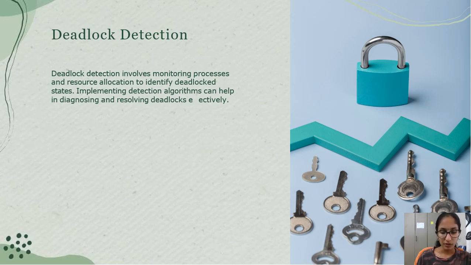Data structures, where the allocation matrix, available vector, and request matrix are taken care of. Reduction algorithm, where the system checks for a cycle in the resource allocation graph, the detection cycle. So these are all used for detecting deadlocks.